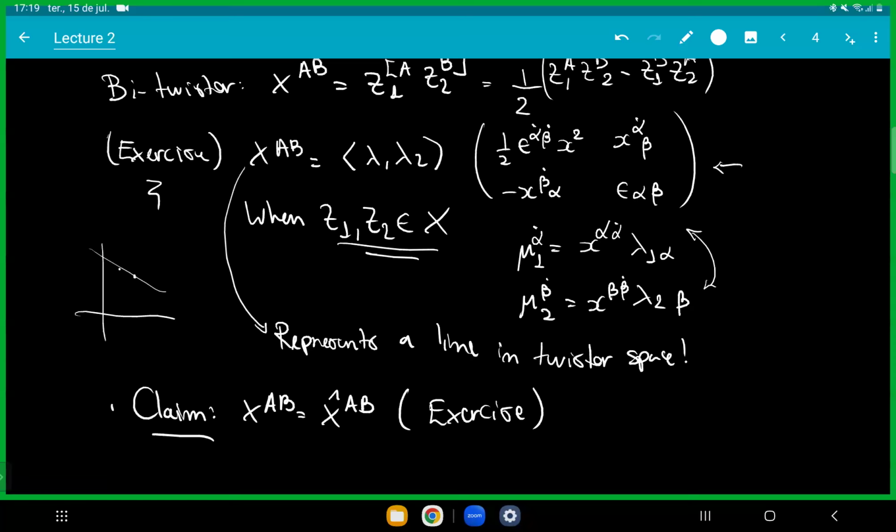Okay, let me see what else. Okay, so there was a question. What are these lines representing in Euclidean space?